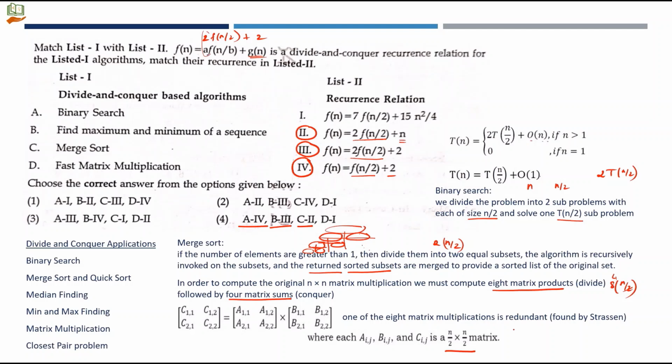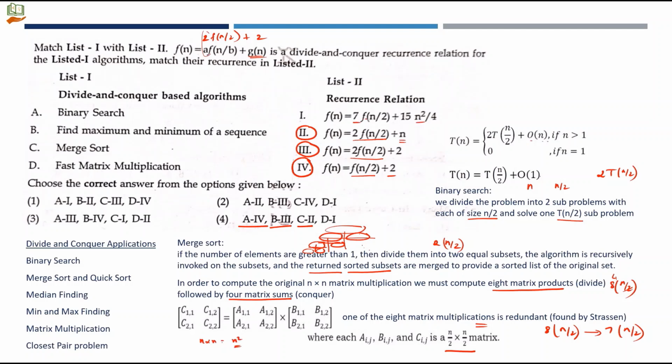This is just to tell you that this was 8 into n by 2. Since one of the matrix multiplications is redundant, we are just converting this to 7 into n by 2. This is a justification to say why 8 into n by 2 is 7 into n by 2. And this part is just for the multiplication. For addition, it will be n cross n matrix, means you will have n square as the value.